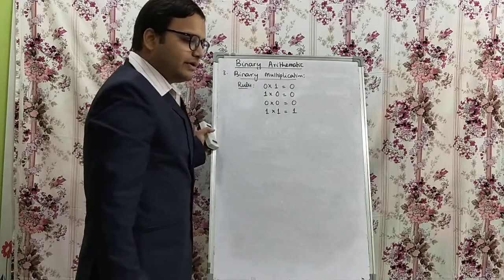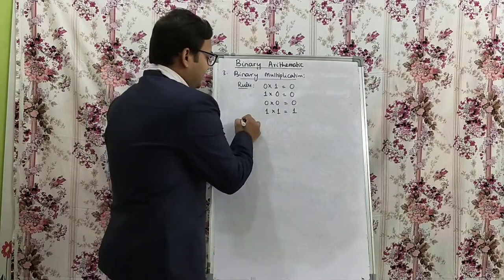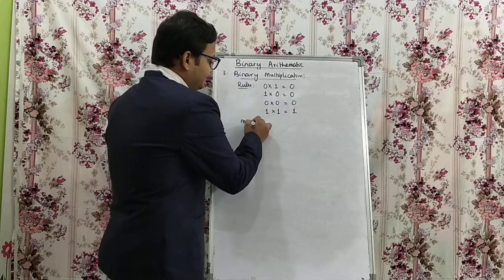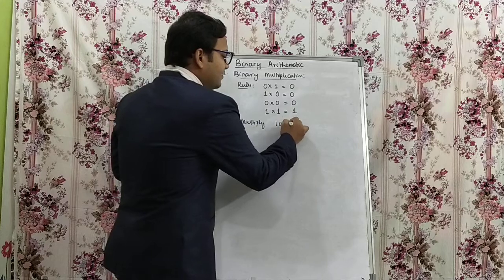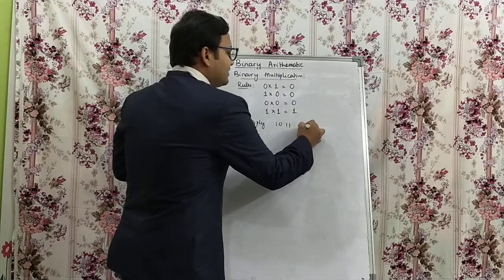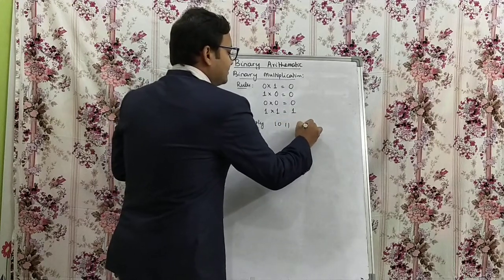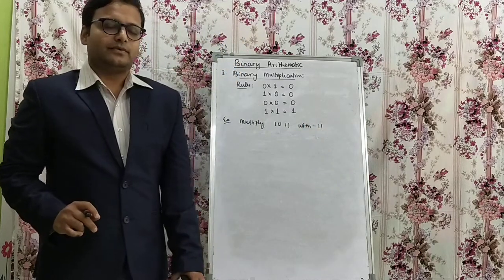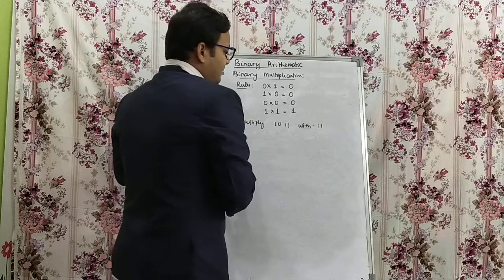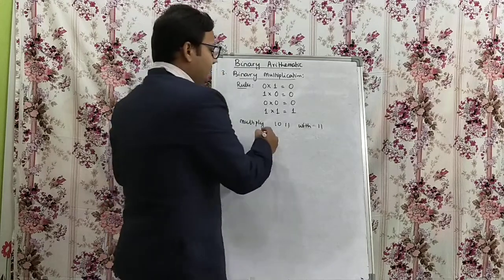So we can use some here to multiply. Let's say one example. Multiply 1011 with 11. So what you need to do here?